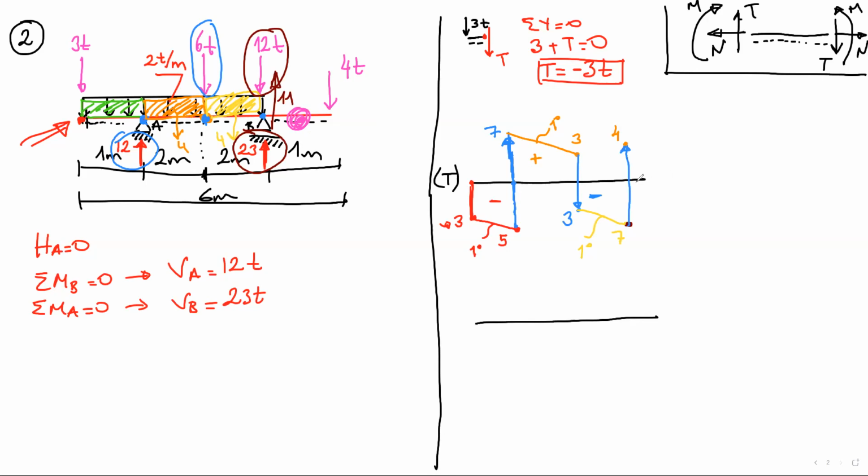There is no vertical loading over here. That's why our curve for the shear force diagram will go horizontal to the end of the beam. At the end, we have a point load, which again goes down.